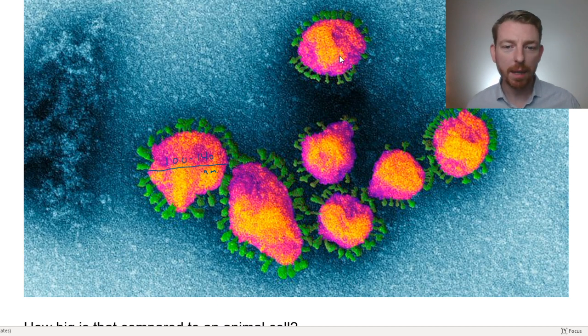Okay. Here is a very nice transmission electron microscopy image, obviously false colored. We don't see any colors at this size. If this is about 100 or 120 nanometers across, we'd have 100, 200, 300, 400, 500.